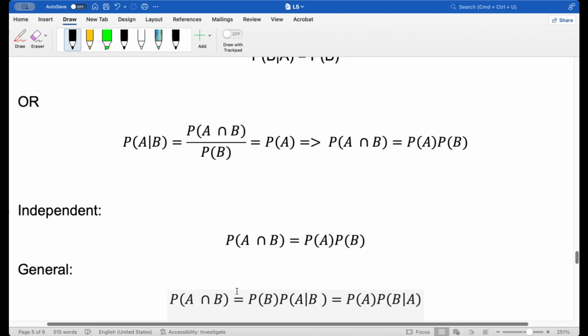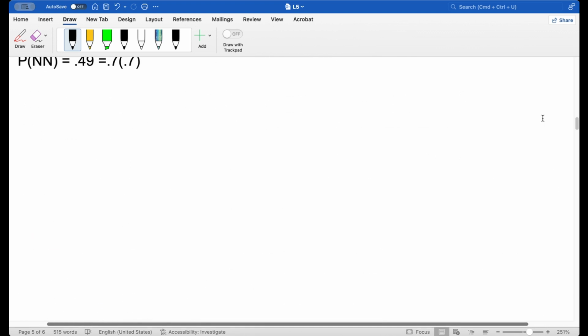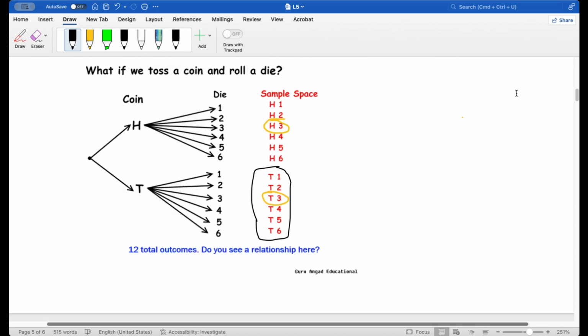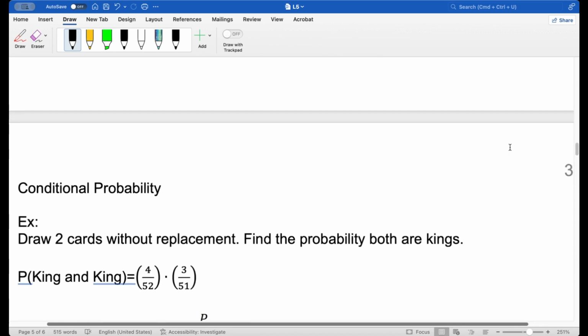The probability of the intersection is the probability of B times the conditional probability of A given B, or the probability of A times the probability of B given A. And we saw this way up here, way at the beginning, when we selected two kings.